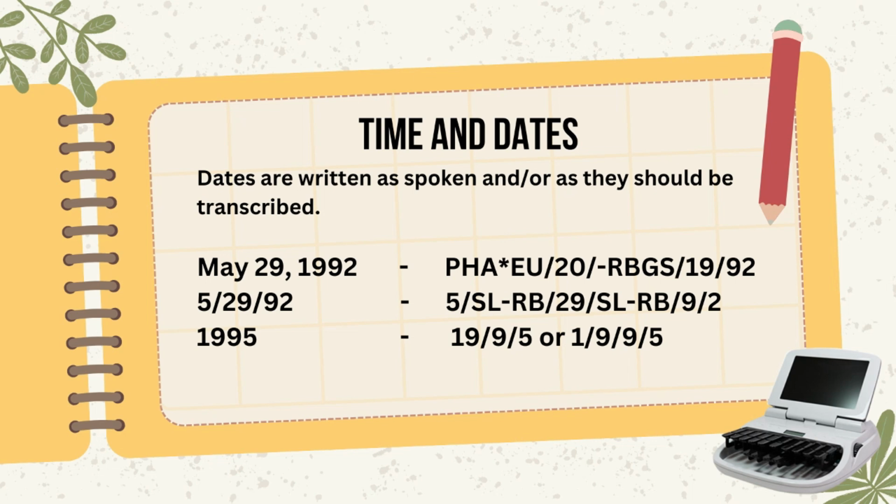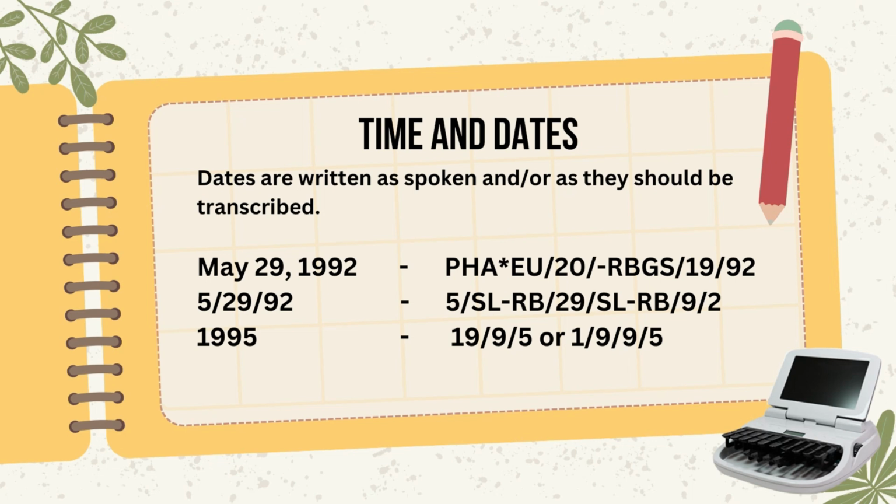Another way is if the date is written through digits, 5/29/1992. It's still May 29, 1992, but written as digits. So we write 5, then slash, that's SLRB, then 29, and then slash SLRB, and 9 and 2.